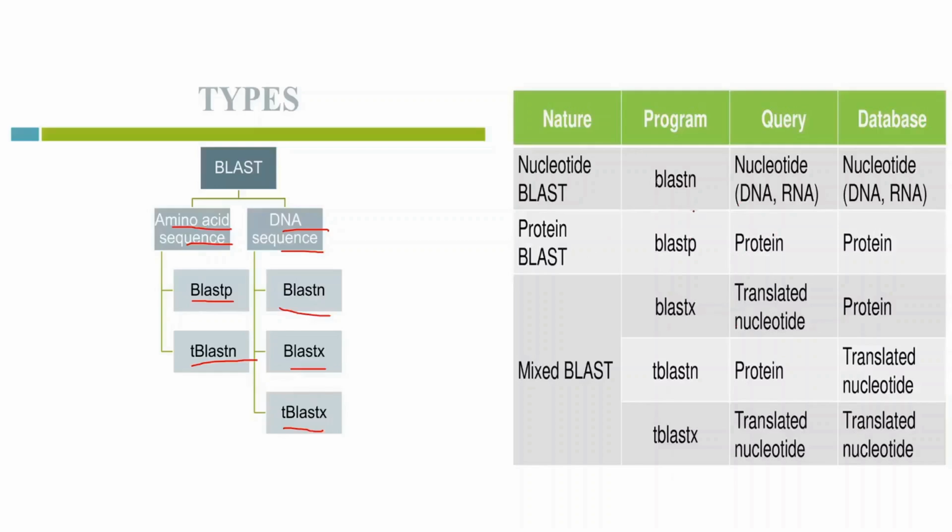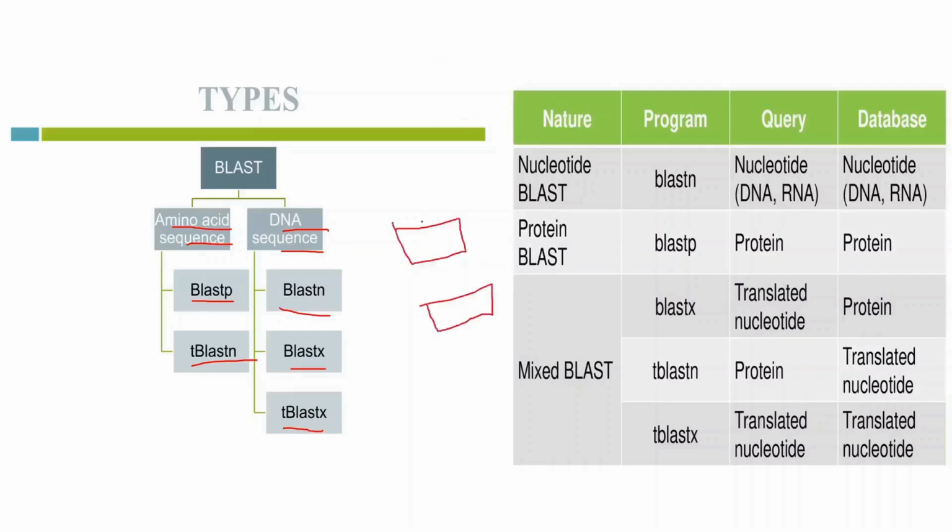So if you see the first one, that is BLAST N. The program name is BLAST N. It is a kind of nucleotide or DNA sequence BLAST. Here you are giving a query sequence as a nucleotide sequence. There are two boxes in the BLAST program.